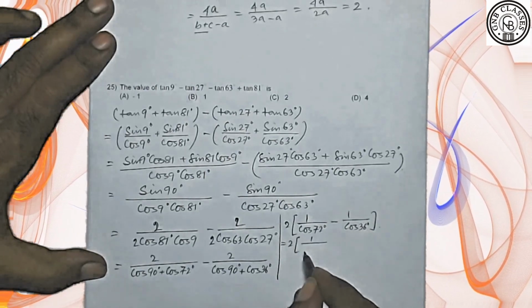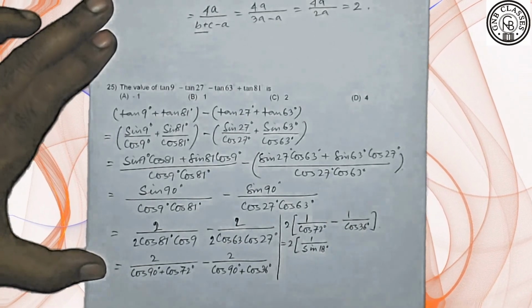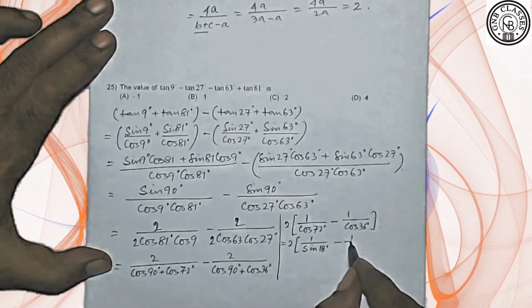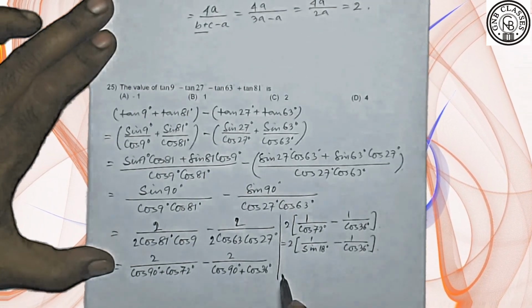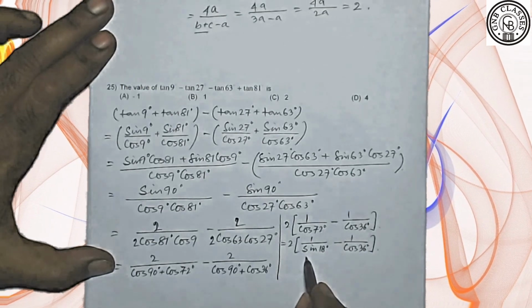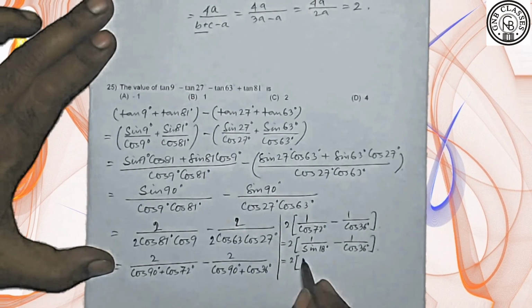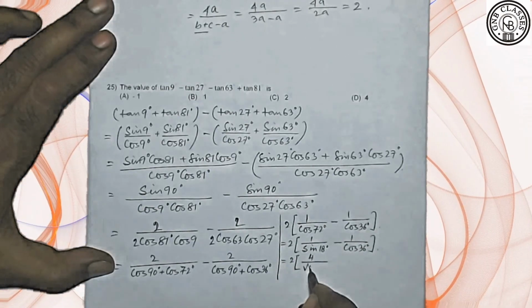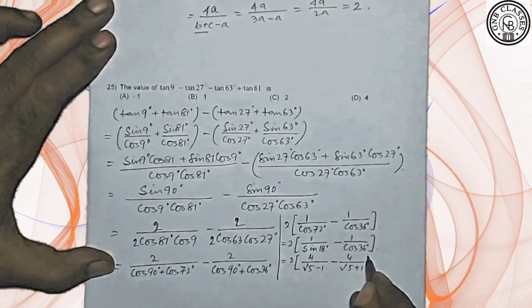cos 72 is the same as sine 18 degrees, because cos 72 can be written as cos of 90 minus 18 degrees, which is sine 18 degrees. Again, we have to apply the values of sine 18 and cos 36, which are respectively, and I'm reversing it, so we are having 4 by root 5 minus 1, 4 by root 5 plus 1.